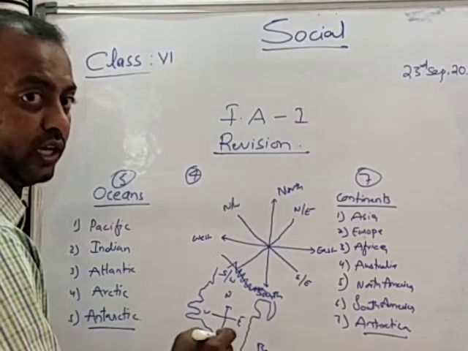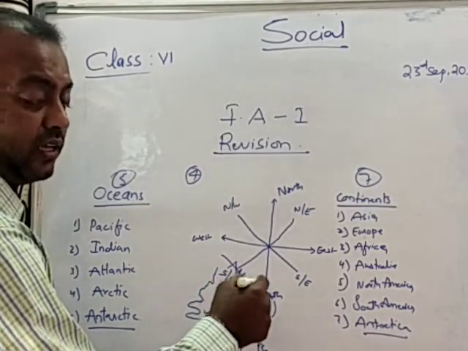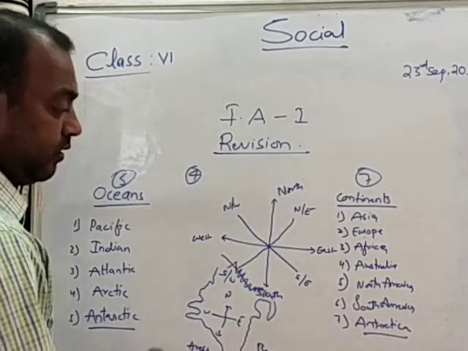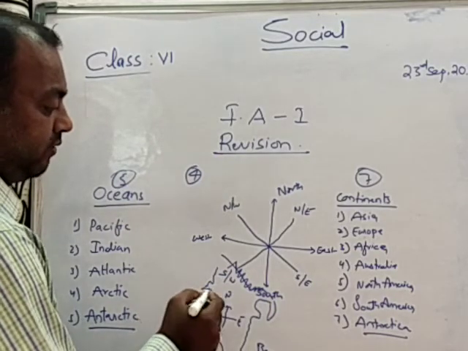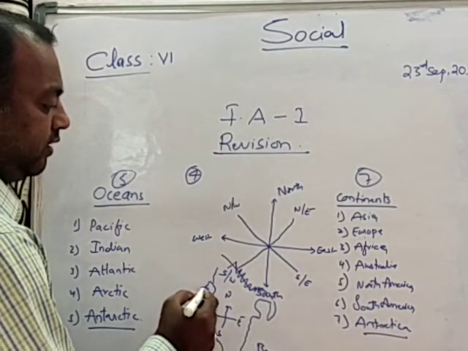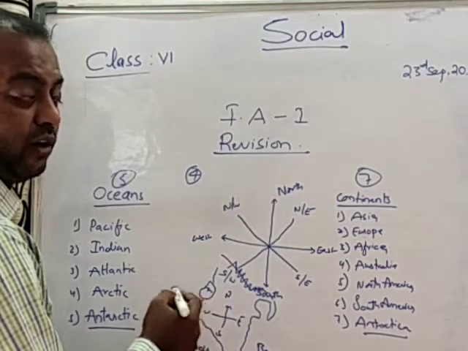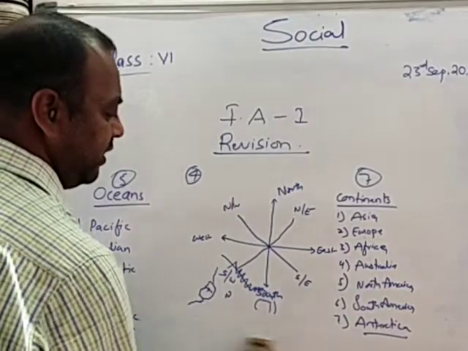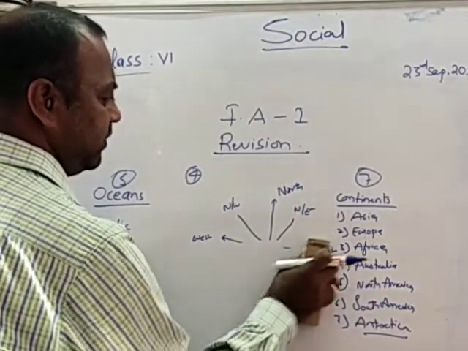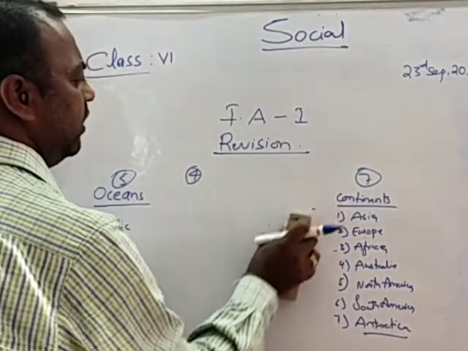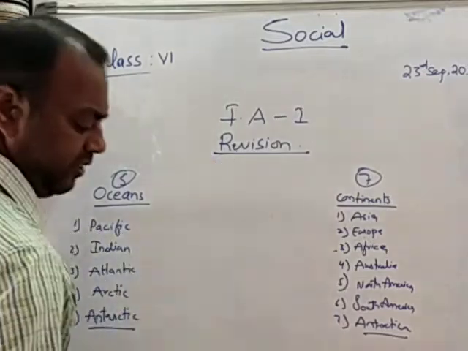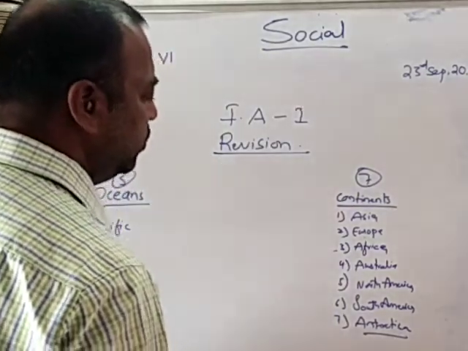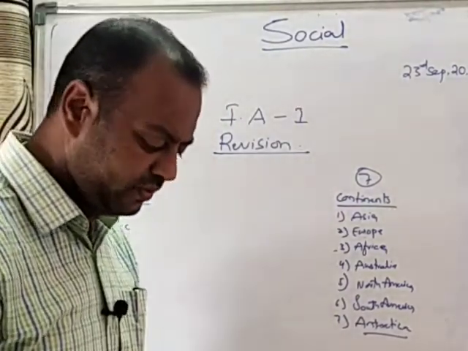You can find Himalayas on the northern side of India. On the western side of India, you also find the Thar desert. So this is how you can understand about the places. This is all revision for formative 1, children. So please remember to answer the questions which are present under it.